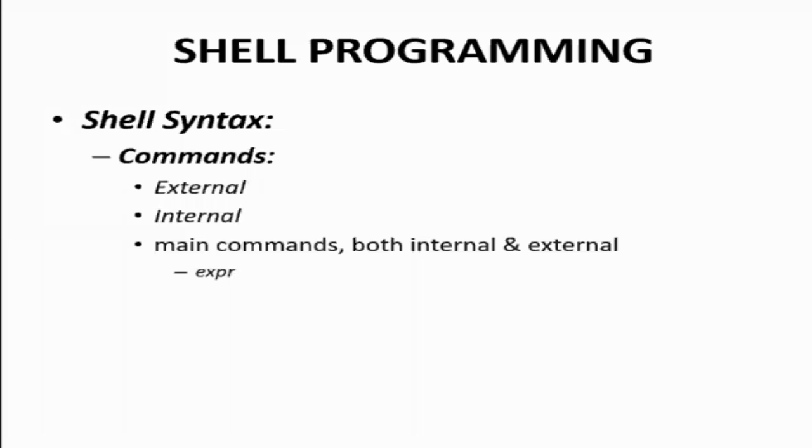It's most commonly used for simple arithmetic operations in the following form: x equals, within backtick or backquote characters, I need to specify expr, space, the variable $x, space, plus, space, 1. So that is a backtick character, also called the backquote character, which is available below the escape key on the keyboard.